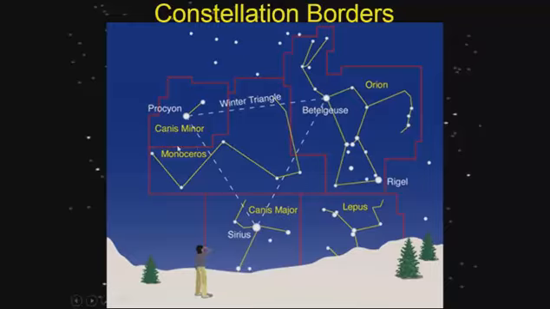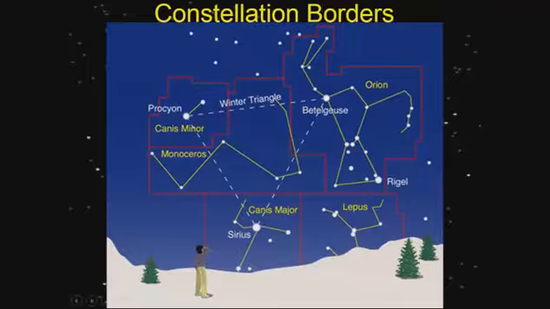Here we've got Canis Minor, Canis Major, Lepus, Orion, and the Winter Triangle, and all these are individual constellations, individual locations, and they are all broken up by borders, the same way that political borders define a country.